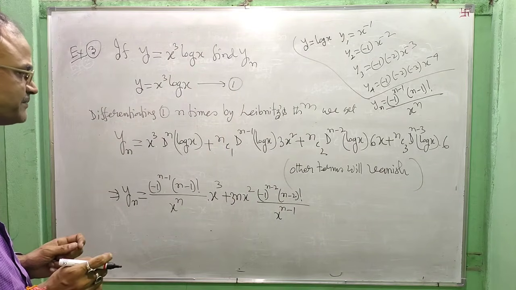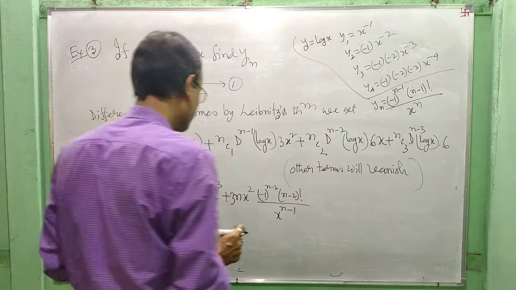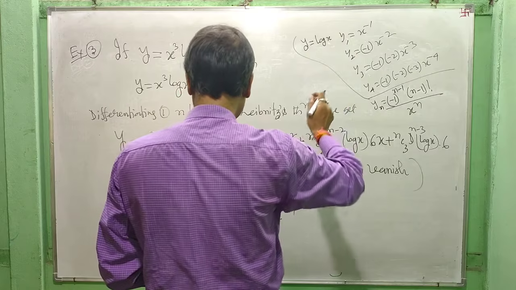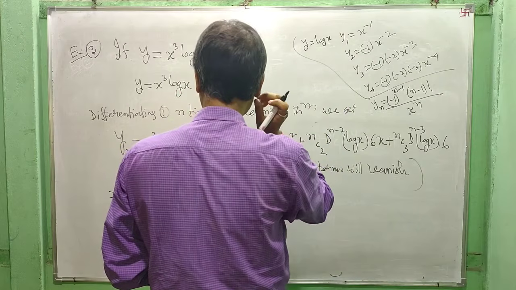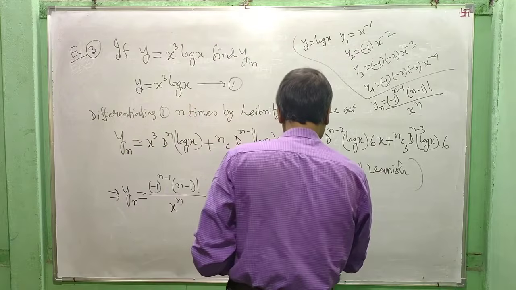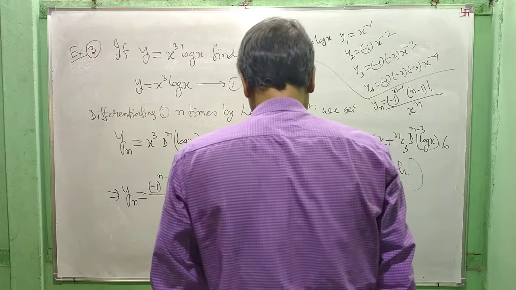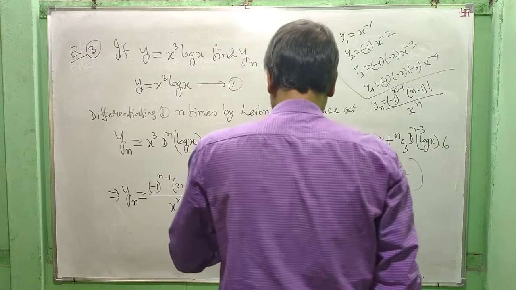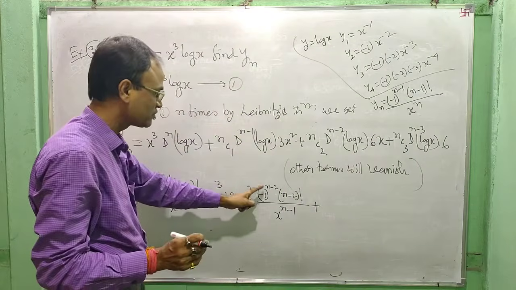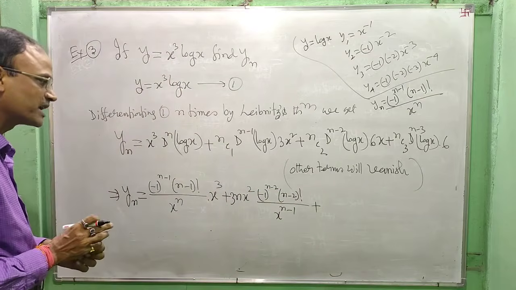You will get this one, plus you will get this one, thrice n x square, minus 1 whole to the power n minus 2, factorial n minus 2, divided by x to the power n minus 1.